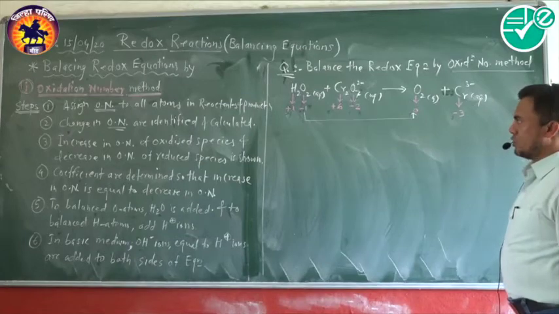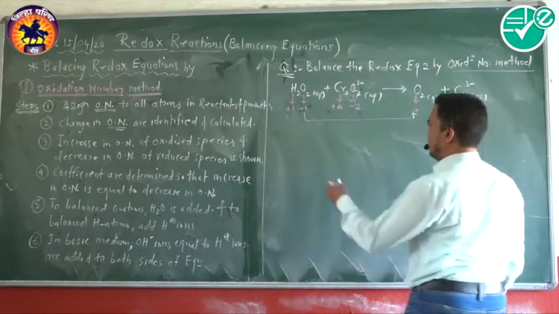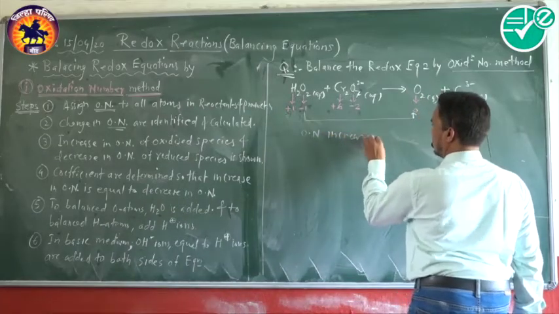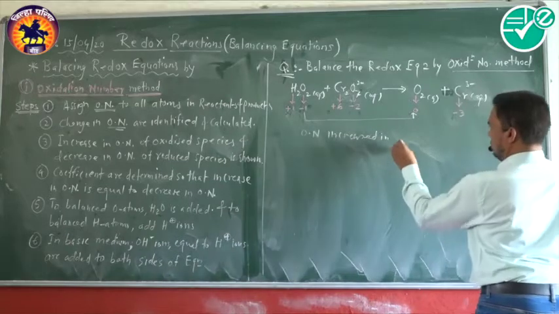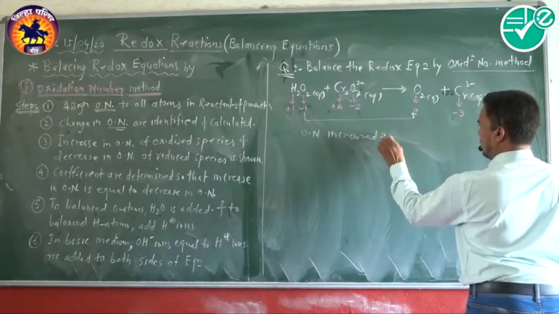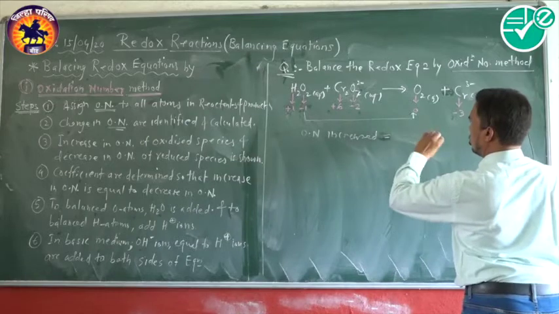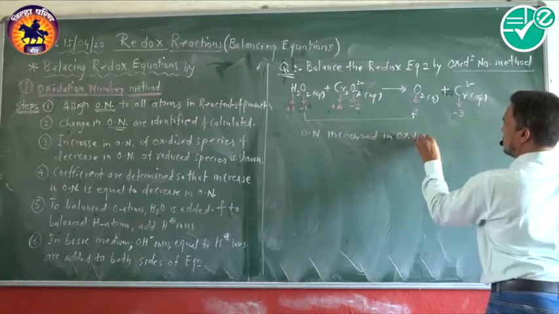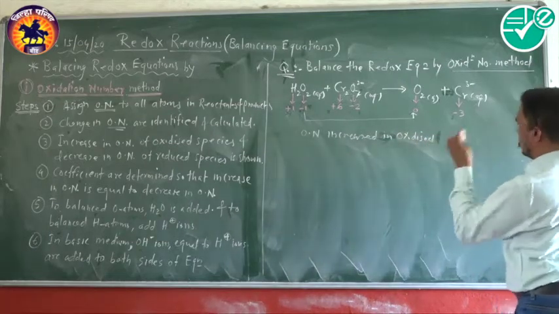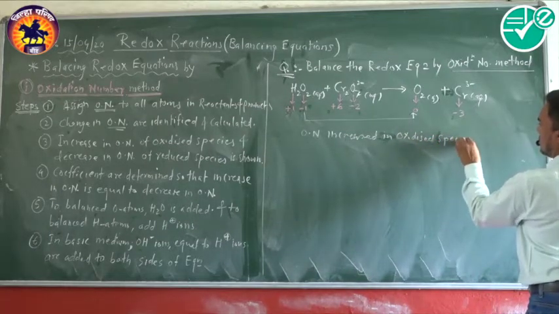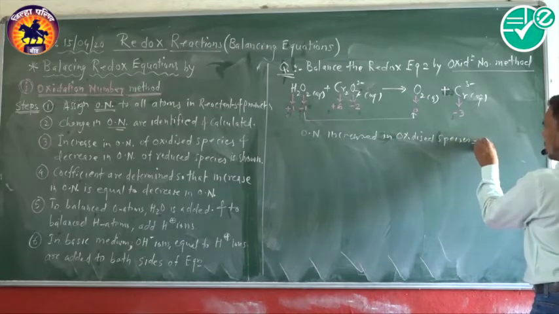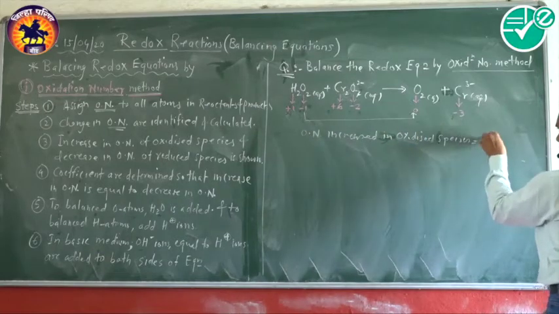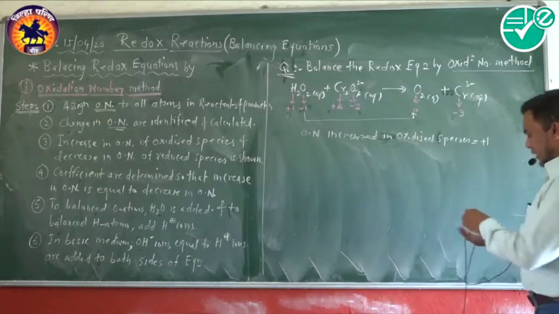So in the case of H2O2, the oxidation number increased as H2O2 goes to O2, the oxidized species, by 1, that is from -1 to 0, so it is +1.